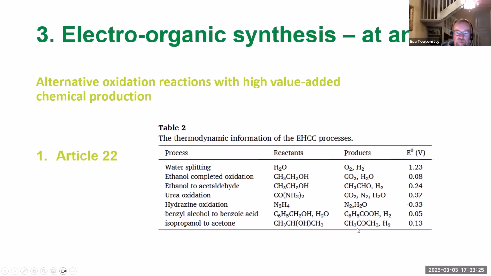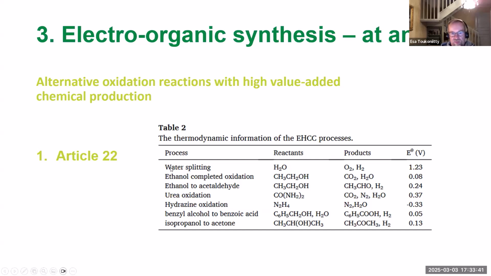So you can produce many other things in addition to just hydrogen and oxygen. Here is also a list of products, showing from which reactant you can make which products. The first is the electrolysis of water, which makes oxygen and hydrogen.